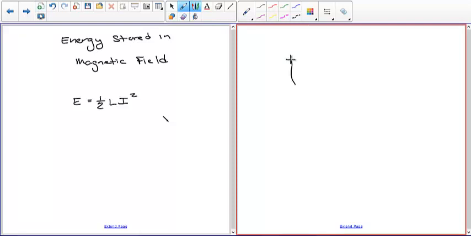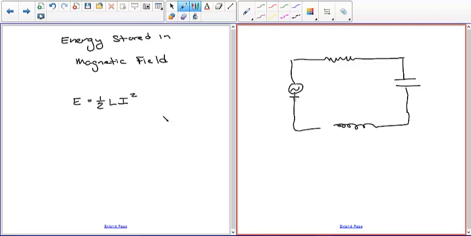So this is back to our experiment that we did in class, our computer experiment. If you have a resistor, a capacitor and an inductor, so this has some resistance value, this has some capacitance, this has some inductance, and you oscillate this thing, there's going to be some relationship between the maximum voltage and the maximum current.